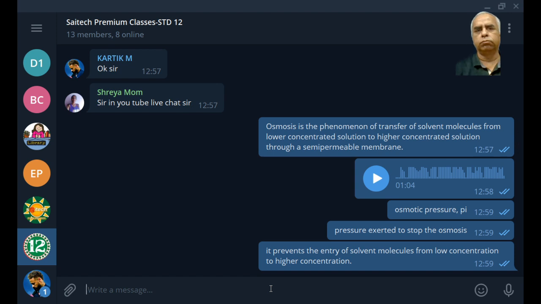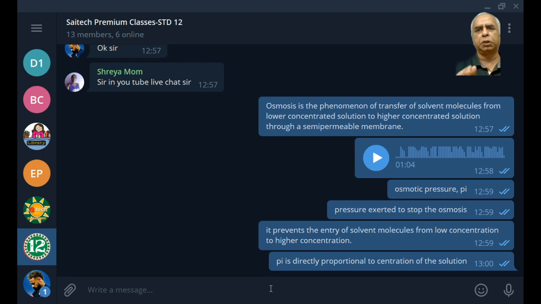And this pi is directly proportional to the temperature. Suppose the temperature is constant, then it is proportional to the concentration of the solute.